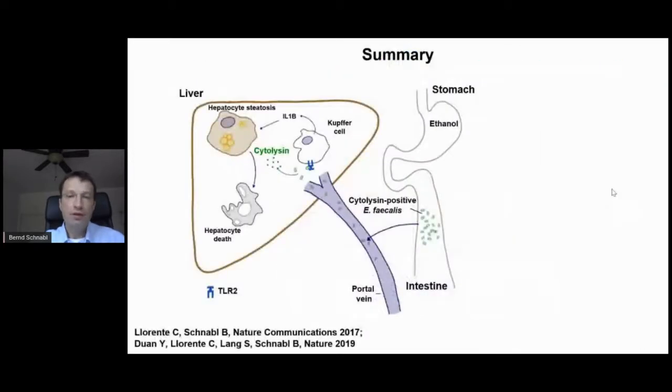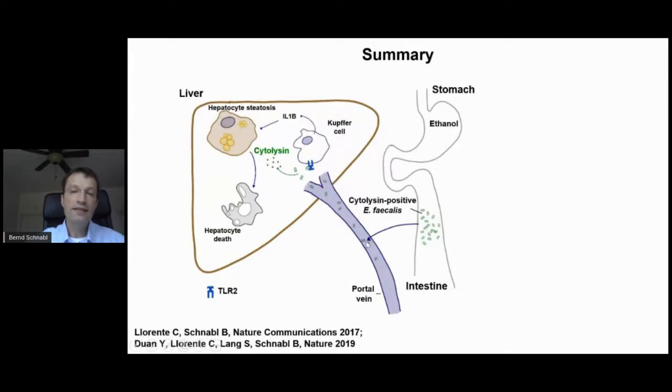So in summary, what I have shown you now is that ethanol somehow, and we do not understand the exact mechanism, in a certain subpopulation of alcoholic hepatitis patients with very severe disease, leads to a higher colonization.